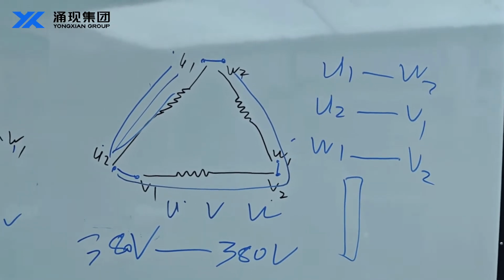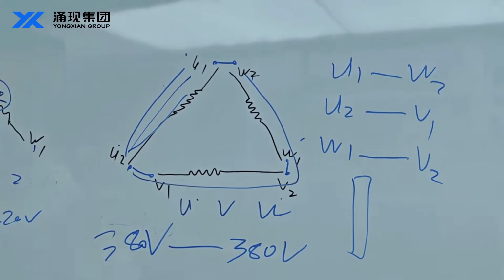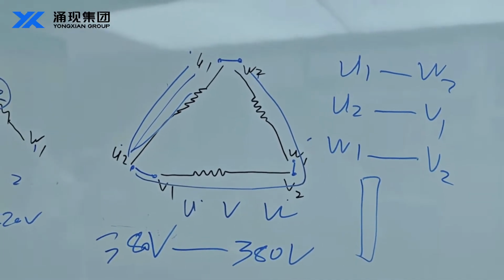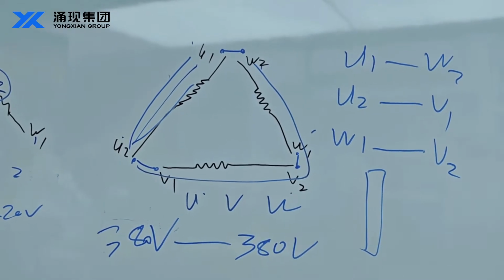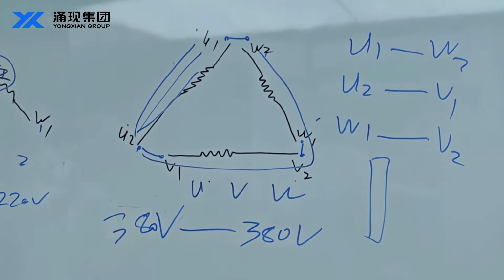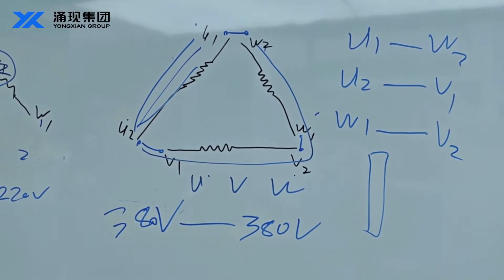The advantages of the delta connection: the windings are connected end to end with the line voltage applied directly to each phase winding. When the line voltage is 380 volts, the phase voltage of each winding is also 380 volts.